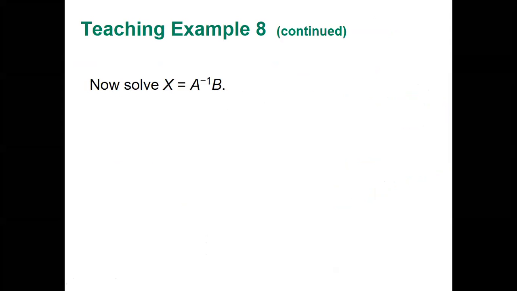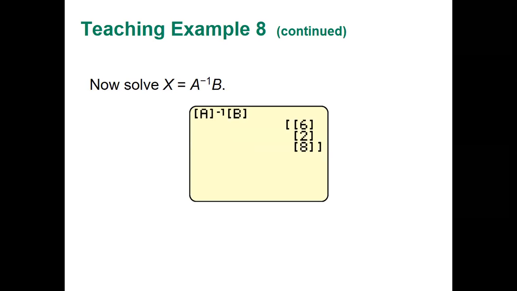After you find the inverse of A, you're going to multiply it times B. If you put B in the calculator and type it, it will multiply it for you. And therefore, your answer is 6, 2, and 8.